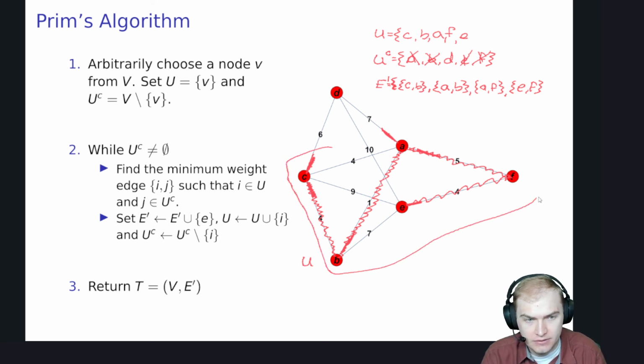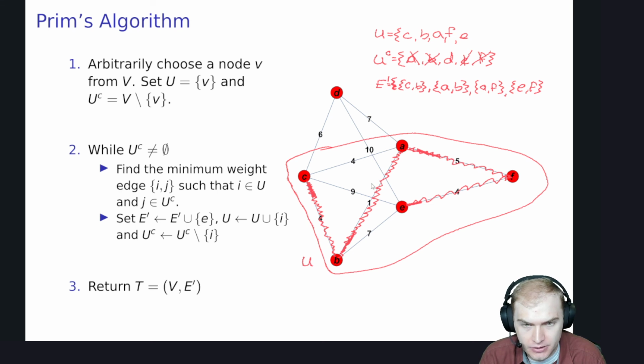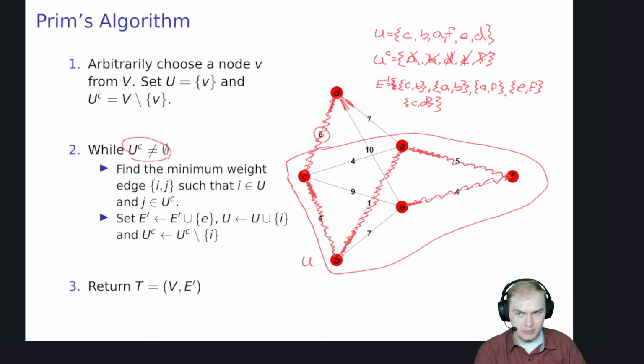Because U now contains everything but D, which means we are now looking at the edges which cross into D, which is C to D, A to D, and E to D. The smallest one is C to D, so we're going to add C to D here, cross it out of U complement, and add it to U. And now we're done, because this while loop runs while the complement is not empty.